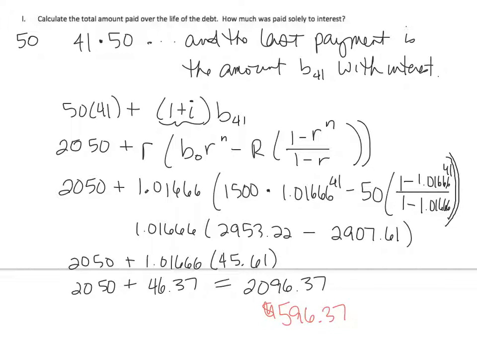I'm going to go ahead and do R equals 100 and R equals 150 and just show you the answers, because I'm pretty sure you don't want me to do all this math again. So we're doing 17 months, 17 payments of $100.